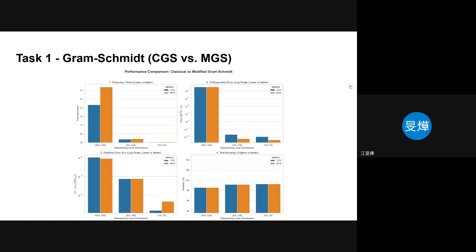But speed maybe is not everything. We can look at the top right one. It's showing the orthogonality error on a log scale. At 100% dimension, both methods fail completely due to the rank deficiency we discussed earlier, so the error hits about 1.